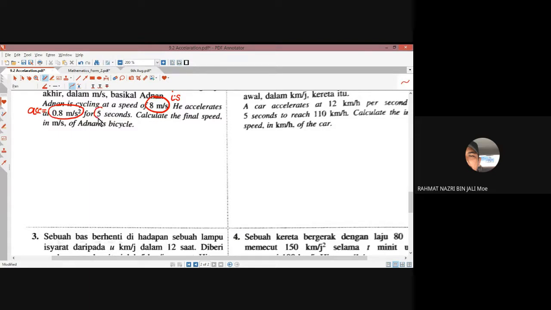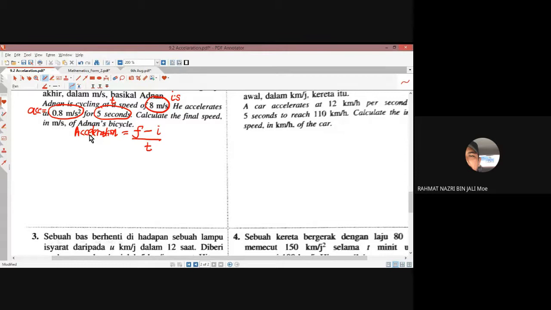And 5 seconds here is the time taken, is T. So complete the formula. Acceleration is equal to final minus initial speed divided by time taken. So we complete one by one.